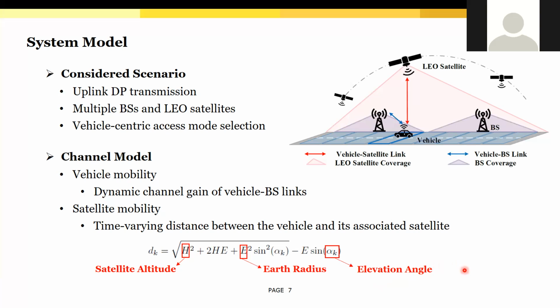Specifically, the distance between satellite and vehicles is time varying. The distance can be calculated according to this satellite trajectory, such as elevation angle and attitude. Since the distance between satellite and vehicle is time varying, the channel gain of vehicle satellite links varies temporally.